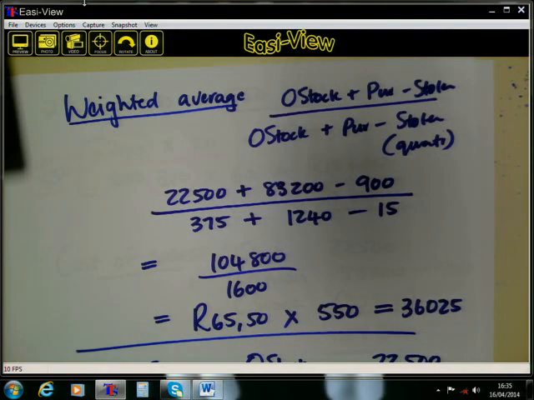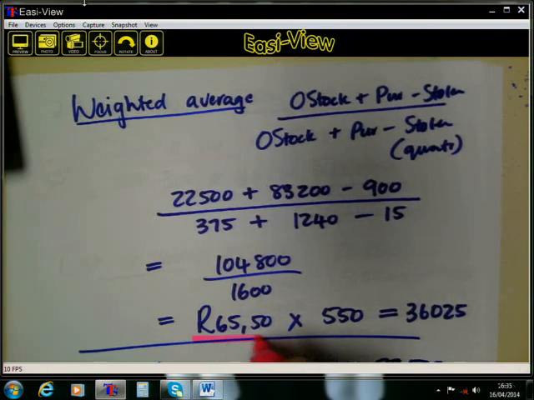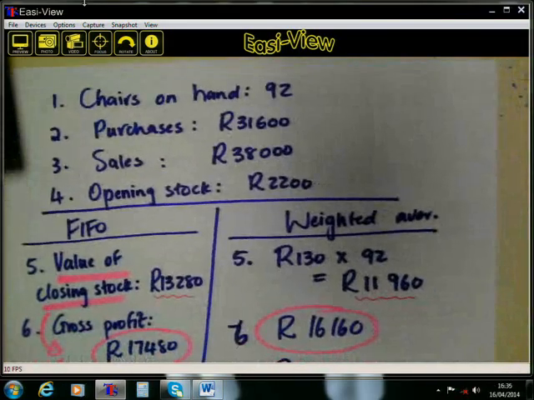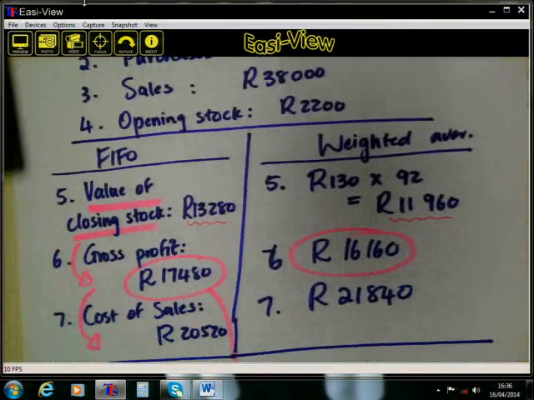And what are you going to do with that average price? You times it by the 550 balls that we've got on hand, and that gives you a new value for the closing stock, and that will influence your cost of sales, and that will influence your gross profit.